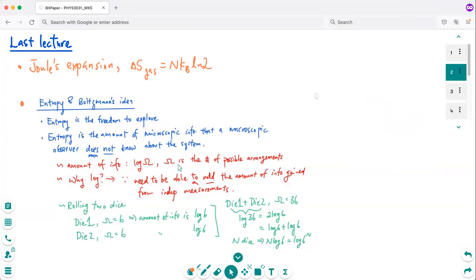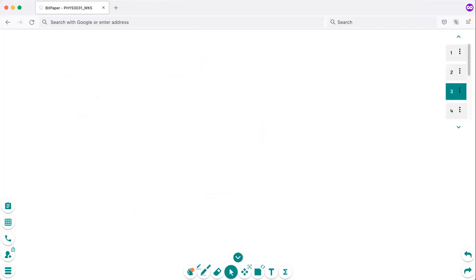This omega is the number of microstates, and this is really an idea due to Boltzmann. People didn't believe him, and it turns out to be really the fundamental postulate of statistical mechanics. So Boltzmann's idea, what did he want?